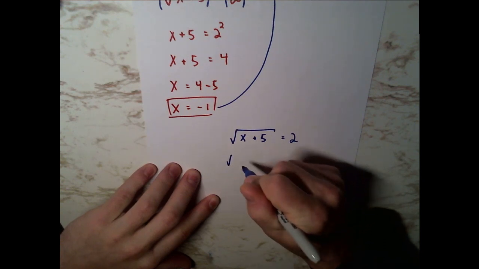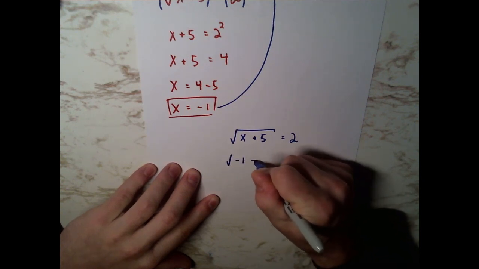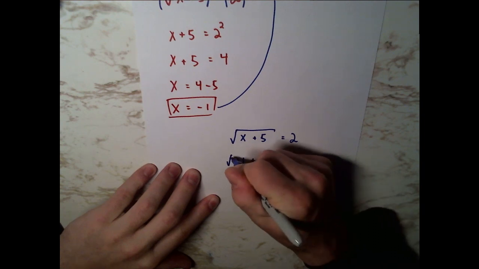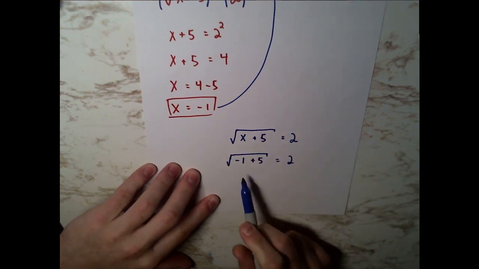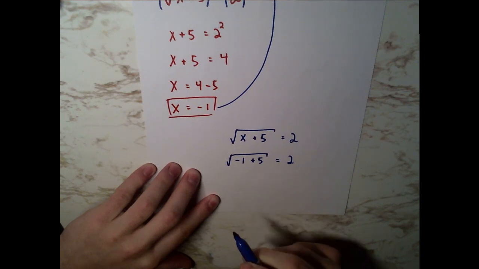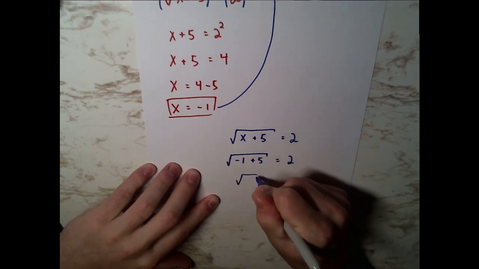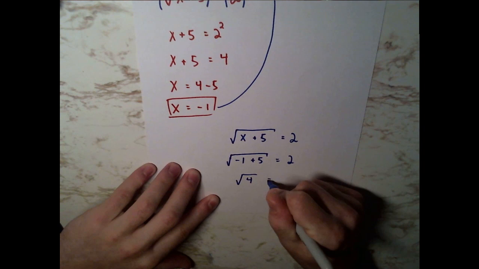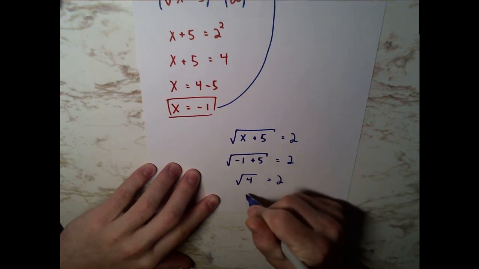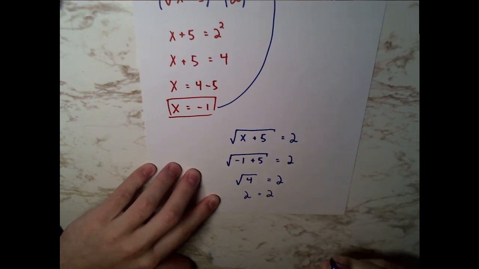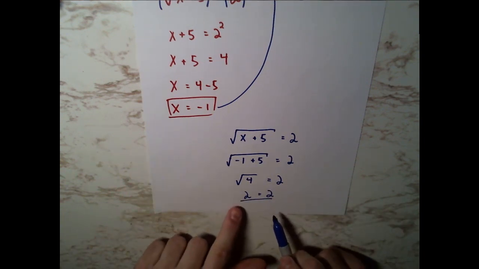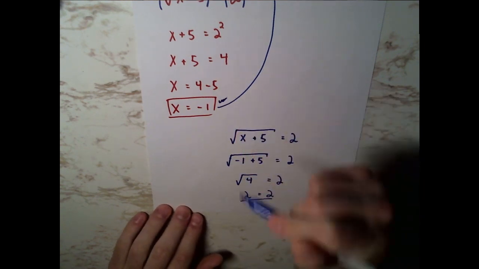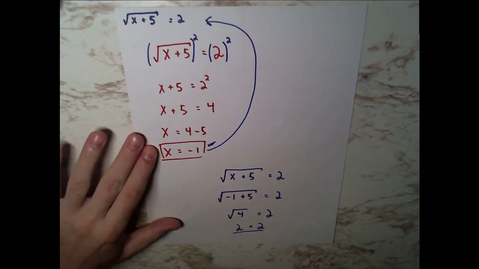So I'm going to put in a -1 for x and see if this is true. Well, -1 plus 5 is 4, so this turns into the square root of 4, and sure enough the square root of 4 is 2, so we end up with 2 equals 2. So our answer works, and this is checked, and that's our solution right here.